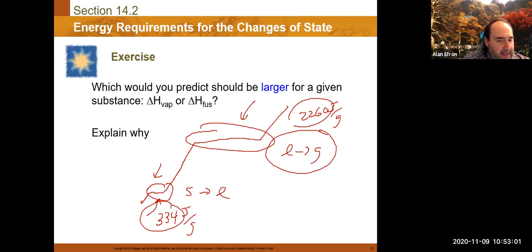Again, because at that point, you're completely breaking everybody apart. So the heat of vaporization should usually be the larger value for a substance, because it takes a lot of energy to completely get everybody away from each other into the gas phase. Any questions on that?